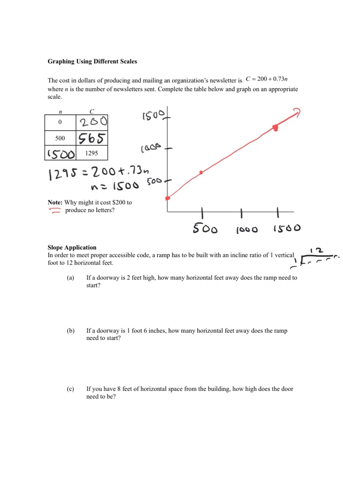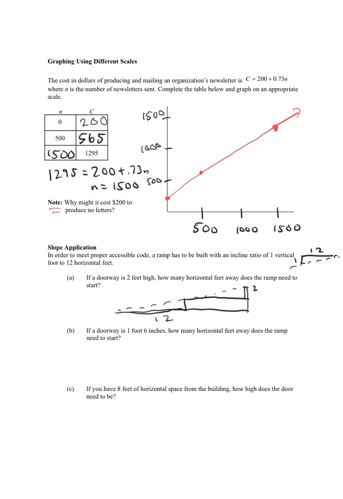So if the doorway is now not just 1 foot, but 2 feet high, you have to think how far back you have to go, because you have to keep that consistent slope. So if I think 2 feet high, I would have to go 12 feet to get 1 foot, and then another 12 to get to the other foot.